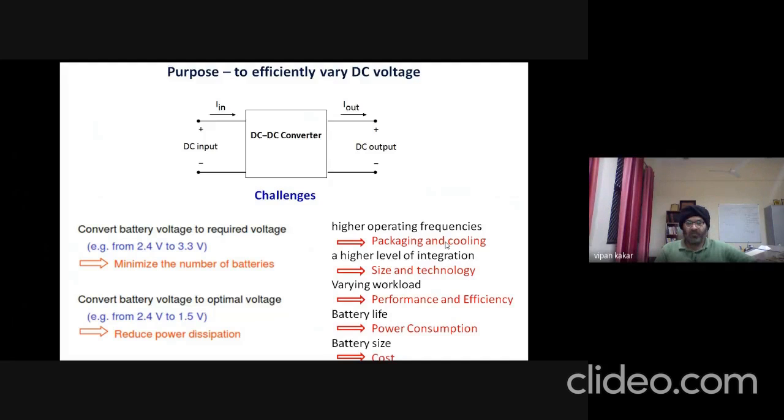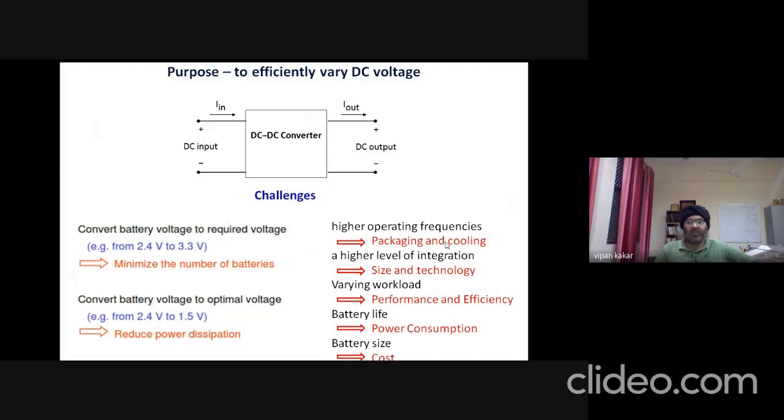Another one is to design a circuit which can be an intermediate between the DC input, which is a battery, and the load, which is the DC output.